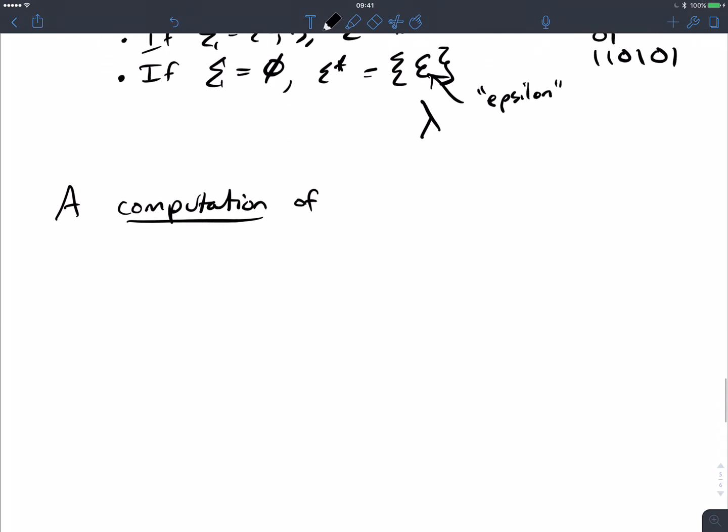So now we're ready to talk about a computation on an arbitrary DFA on an arbitrary input. Let M be a DFA.